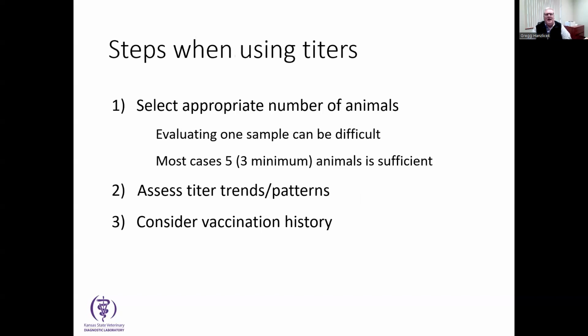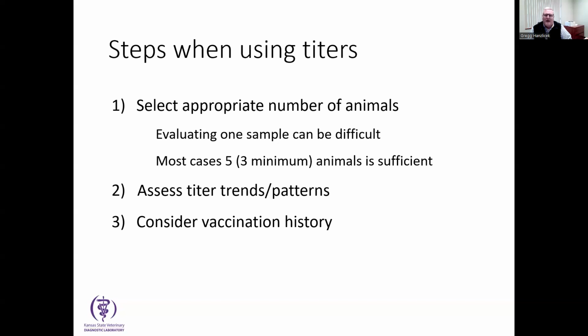There are some steps that need to be done in order to make this antibody titer evaluation valuable. One is that we need to sample enough animals. With one serum sample, looking at the IBR, BVD, and lepto from that one animal, we can do some things, but it's much more difficult with a single animal.